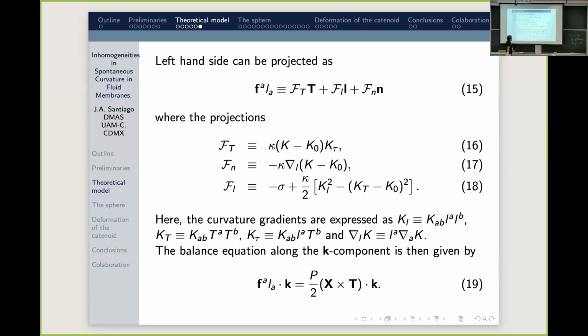Then, for instance, along the vertical axis, we have these equations. We only project the forces, the stress along the vertical direction, and this is a first integral of the Euler-Lagrange equation, right?